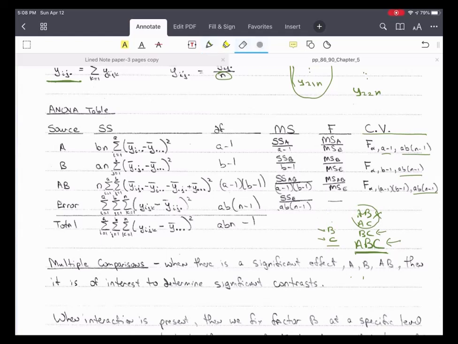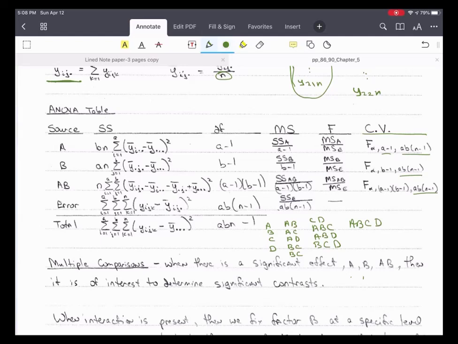So to give you a little better idea of what I'm talking about, let's expand this to four factors. So I've got A, B, C, D, AB, AC, AD, BC, BD, CD. I've got ABC, ABD, BCD. And then ABCD. All right.